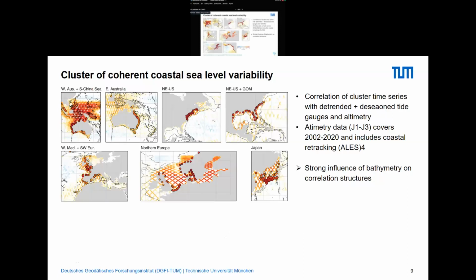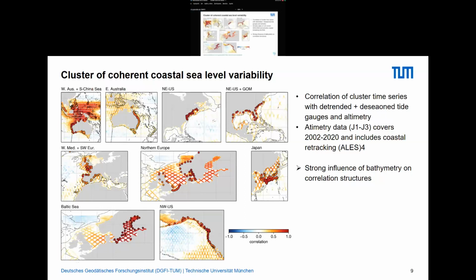Now we can also look at these other clusters and patterns, which have also already been described in other studies, and a lot of their variability can also be explained by, for example, the NAO or ENSO, in the northwestern US coast for example, or PDO.